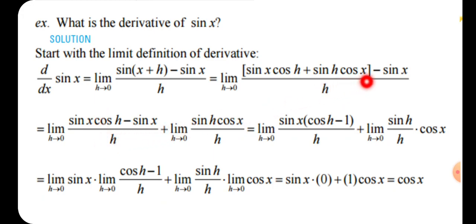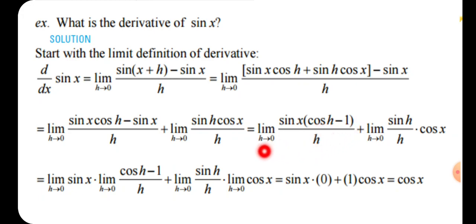And in the second part, we have sine h cosine x over h. So sine x here is a common factor, and here, limit of sine h over h times cosine x, and limit of cosine h minus 1 over h.